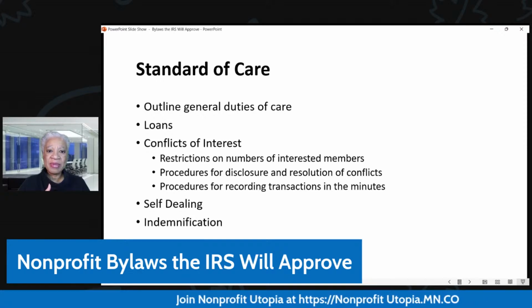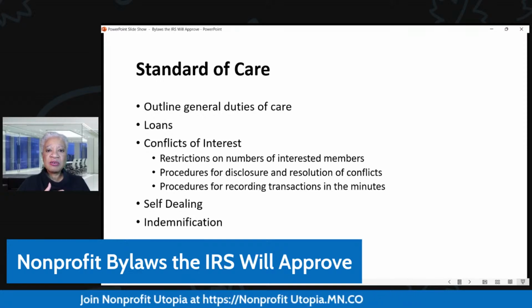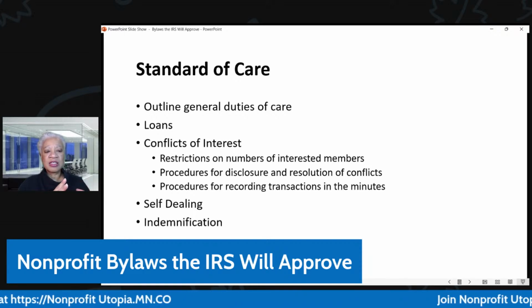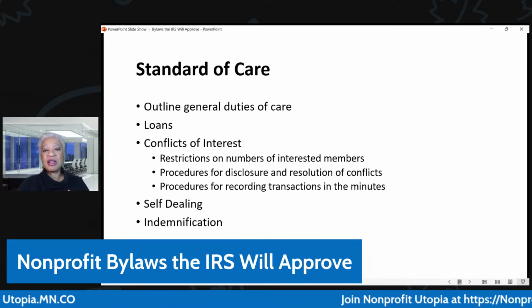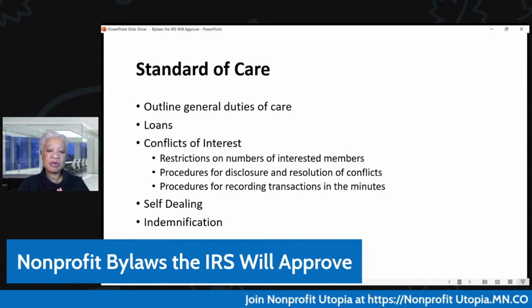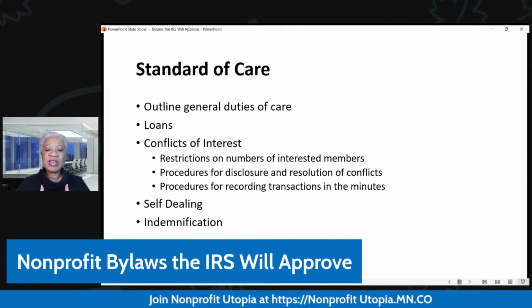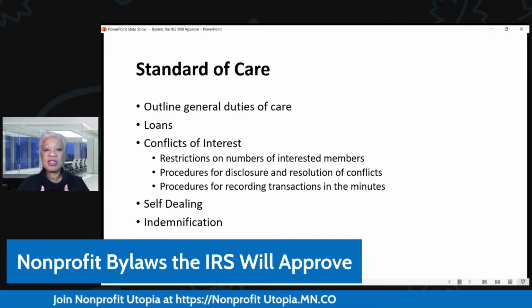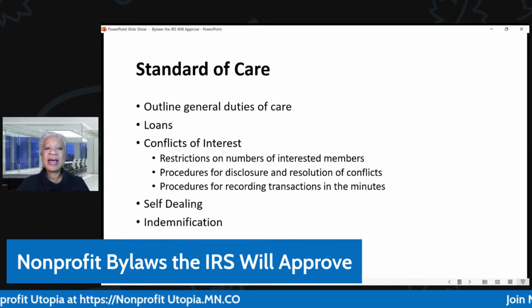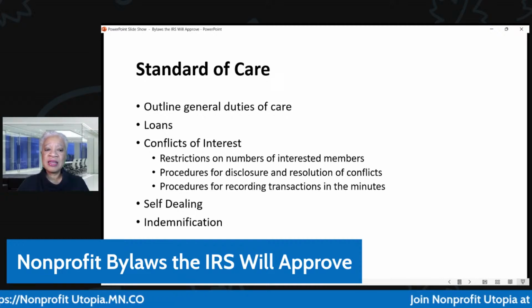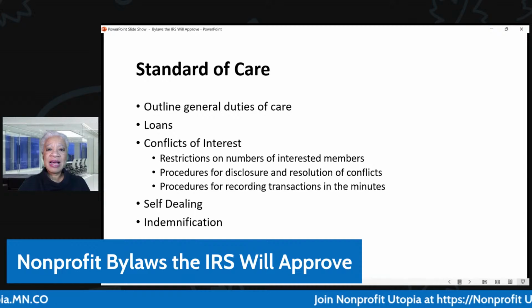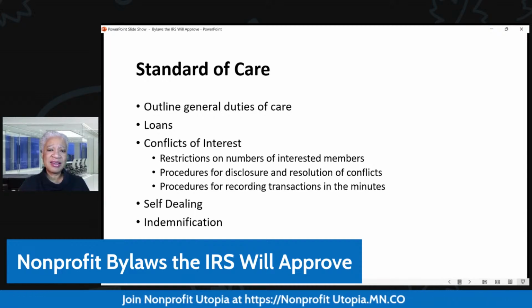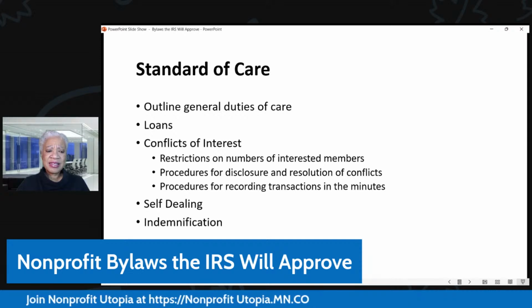But if it can't be avoided, you probably need to have a clause that speaks to the restrictions on the number of interested members. And when I say number of interested members, that is the number of people who might have a financial interest either in the organization, the outcome of organizational decisions, financial interest in contracts, et cetera. You want to put restrictions on that.